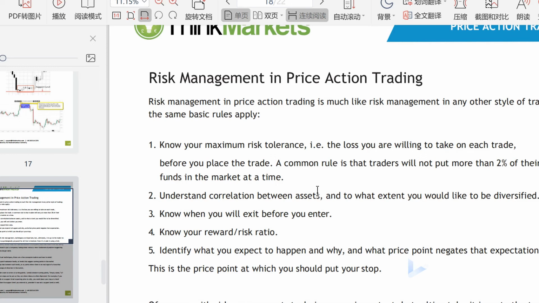First of all, you have to know your risk tolerance. Second, understand correlation with assets, meaning that you have to understand the fundamentals that drive the asset price. Third, you should know when you will exit before you enter. Fourth, you should know your reward and risk ratio.